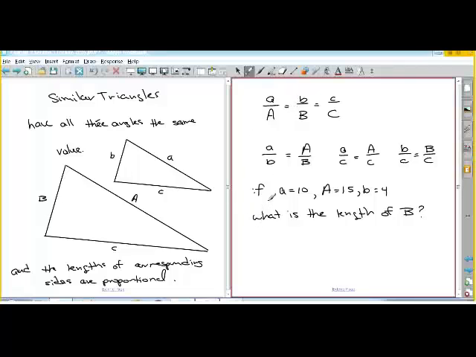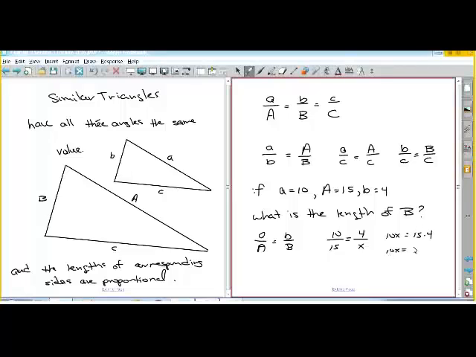So using the first relationship, I would use just the first equality. So I'm going to use this one, a over A equals b over B. So small a is 10, big A is 15, small b is 4, and x is unknown. So to solve for x, you cross multiply. That means you take this times that, and you set that equal to that times that.